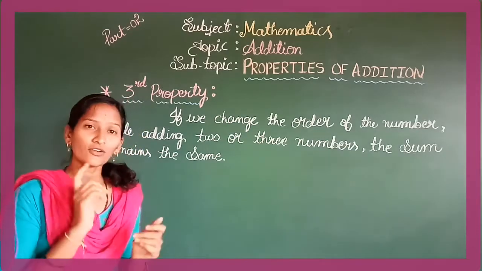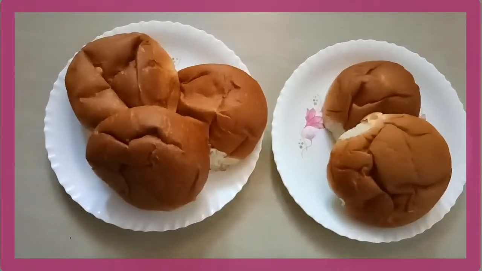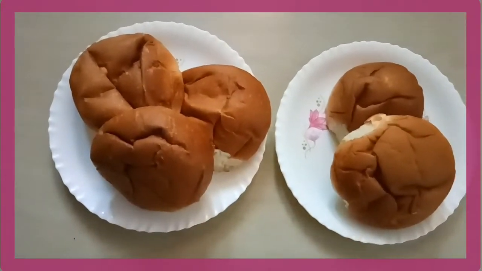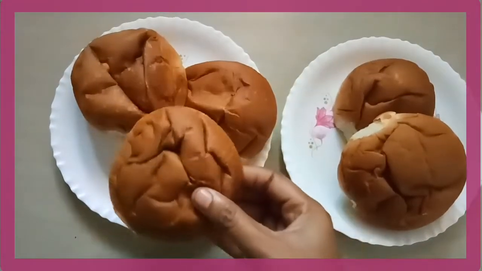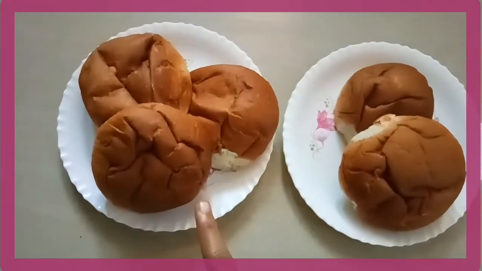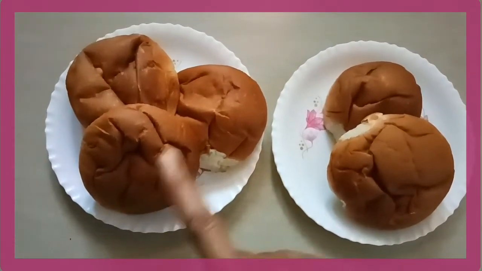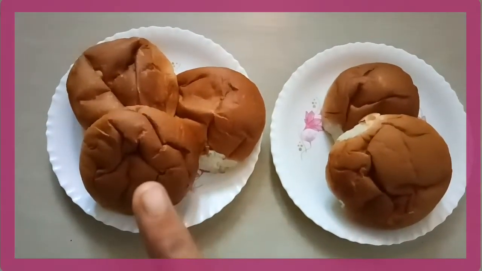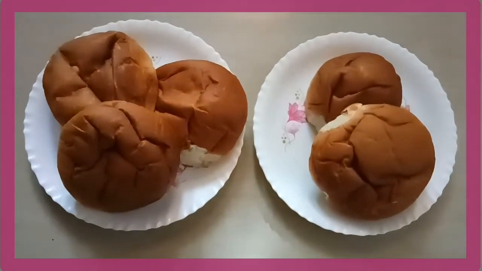Yes, first all of you observe this activity. Children, look here. Here are two plates, right? What is this? This is a bun, right? In the first plate, how many buns are here? 1, 2, 3. The total number of buns here is 3.